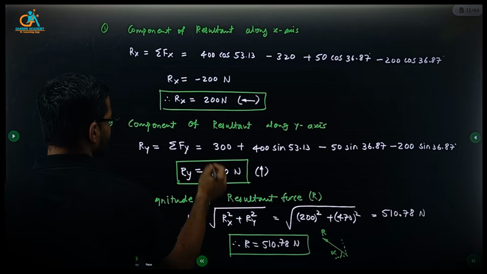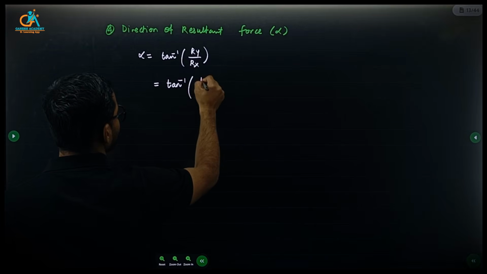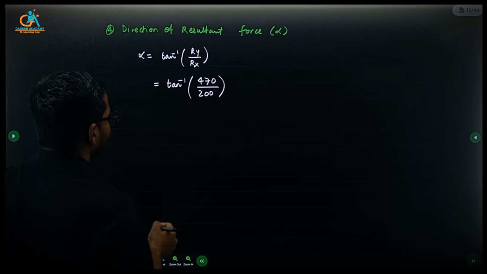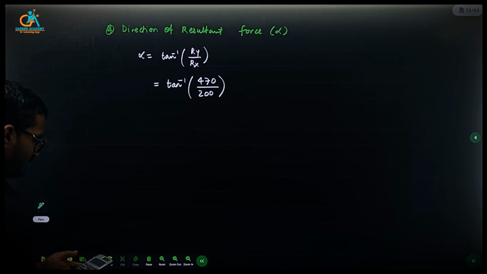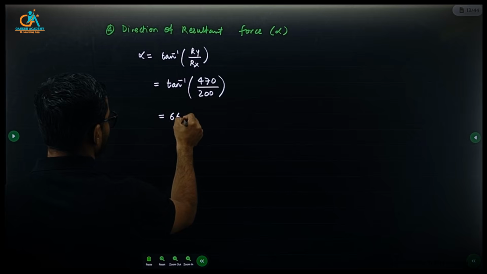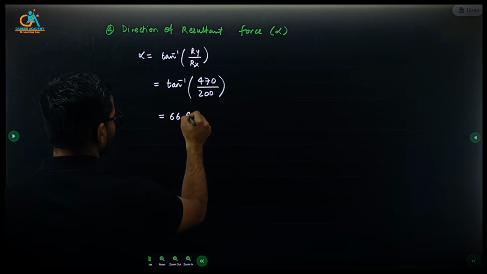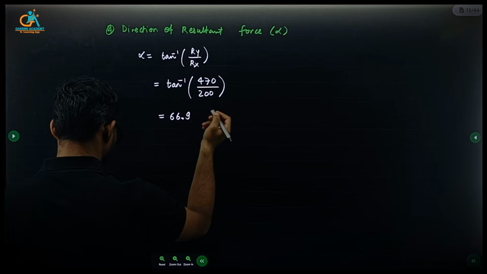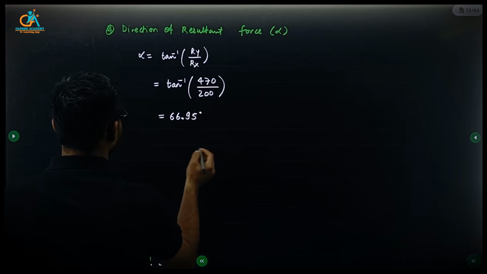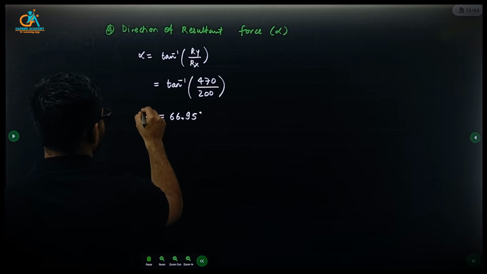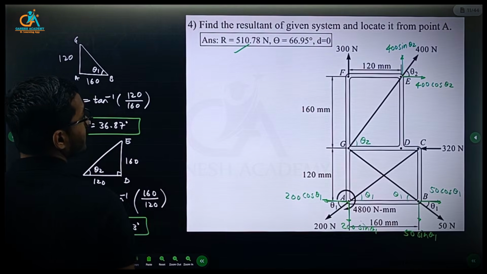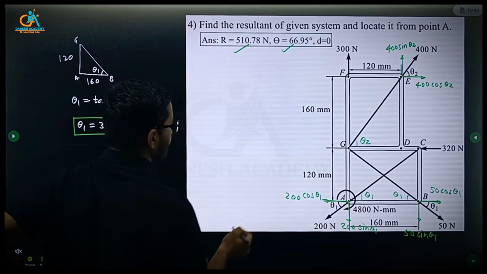Ry is 470, Rx is 200. So it is 66.95 degrees. Yes, correct.